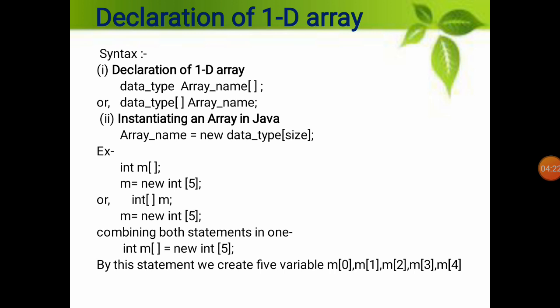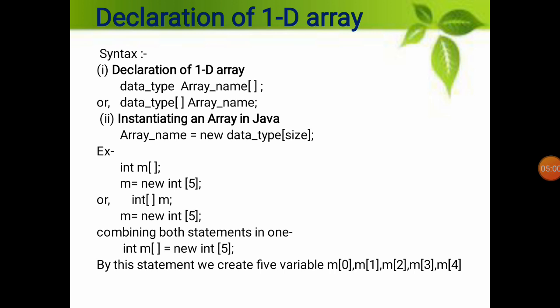Okay, so the example of this: int m[]. The m is an array variable of type int. Now in the second step, m = new int[5]. It defines the size of array variable m. It is 5. Or another way of this example: int[] m, and then m = new int[5], the size of the array within the brackets.